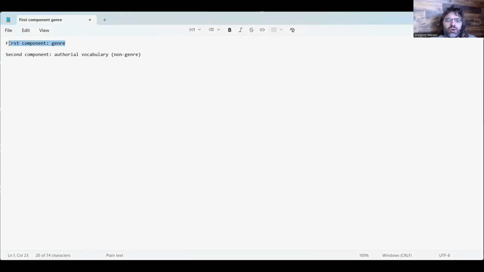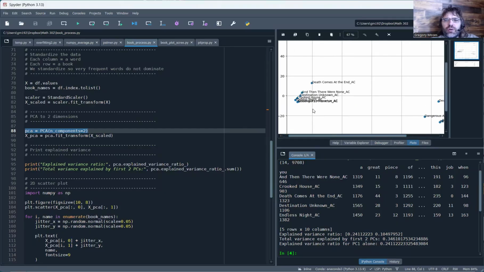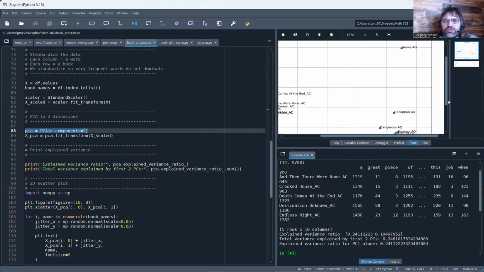If the first component was sort of correlated to genre, and the second component was sort of correlated to authorial vocabulary, then a graph like this, where all the Agatha Christie novels are grouped together in the second component, whereas the Amanda Quick novels are spread far apart.